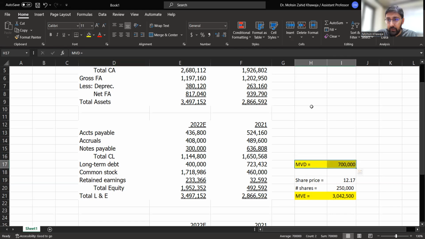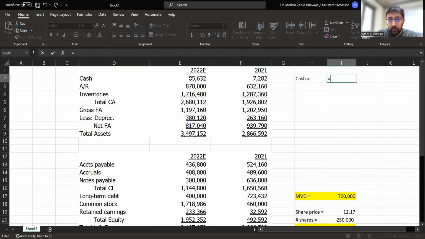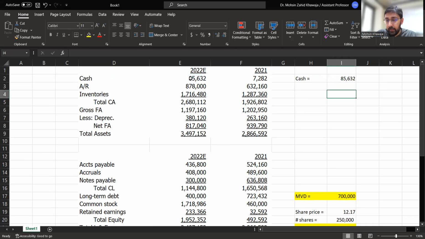There was one additional thing we needed to do, which was we had to take cash, right? Cash and equivalents, let's just keep it simple. We needed the cash. And we need to subtract that. So we need these three things, right? The market value of equity, market value of debt, and we need to subtract cash.